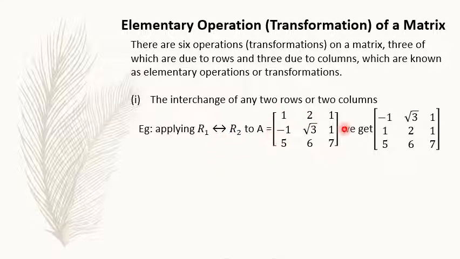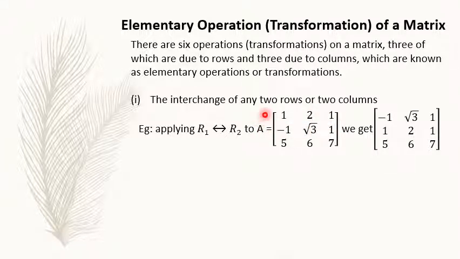Here, for this 3 by 3 matrix, this is the first row, this is the second row, this is the third row. Then R1 changed to R2, R2 changed to R1 means we need to interchange R1 and R2. That is, the first row becomes the second row.